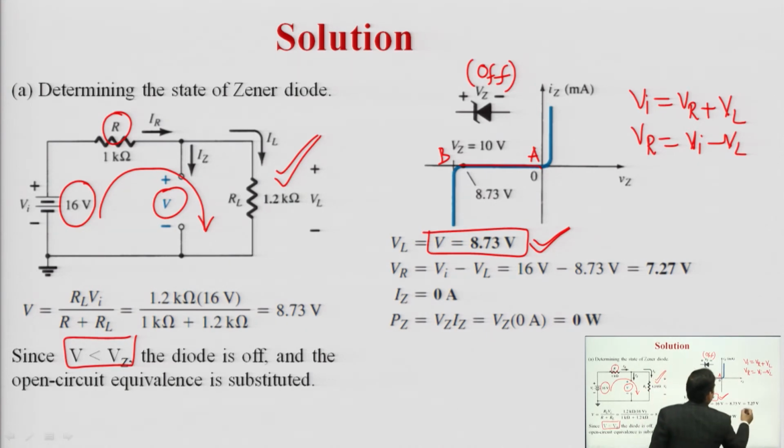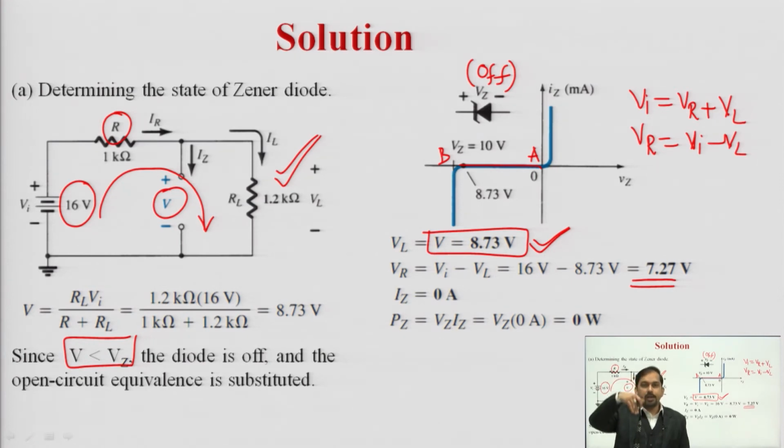So, VR comes out to be 7.27 volt. It is clear from this equivalent circuit that once the Zener diode is off, no current will enter into it. So, IZ will be equal to 0. And once the current is 0, the power dissipated by the Zener diode, PZ equals VZ multiplied by IZ, will also be 0 watt.